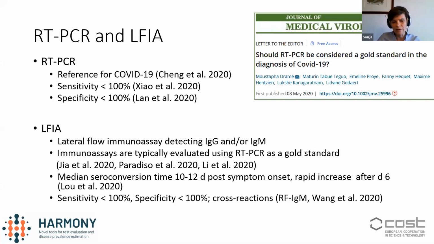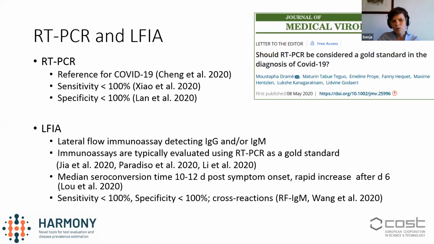And it's also well known that for this immunoassay, the sensitivity is not equal to 100%. The specificity is also not equal to 100%. It's known that there are potentially cross-reactions to other coronaviruses, or it's also described that there might be a cross-reaction to a rheumatoid factor, an IgM.